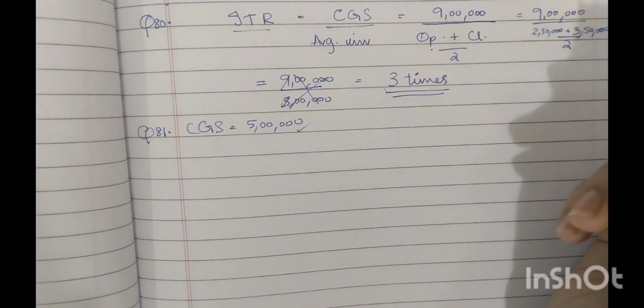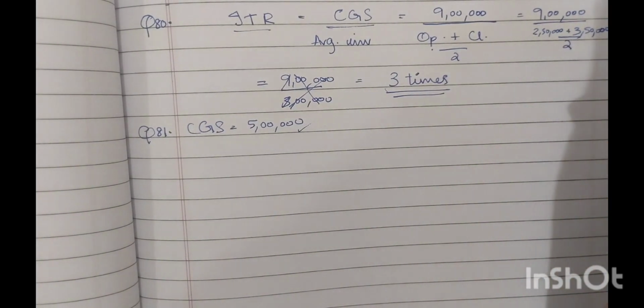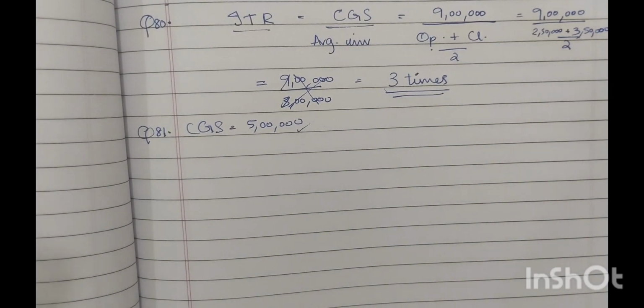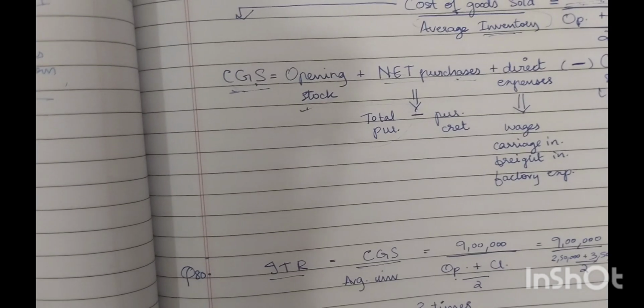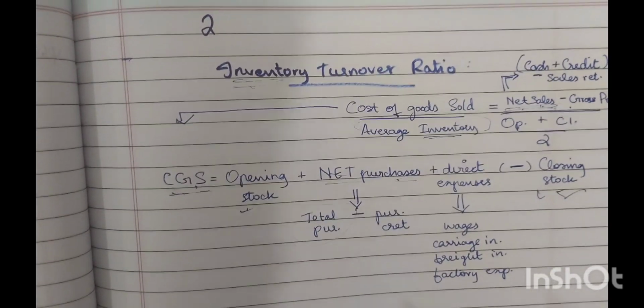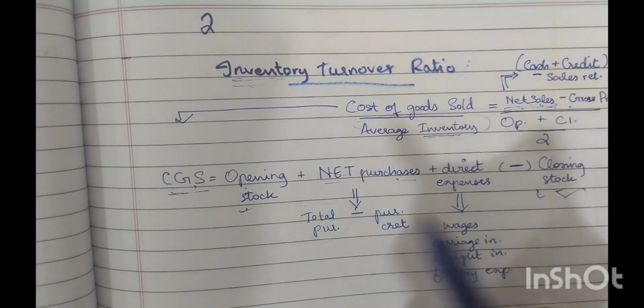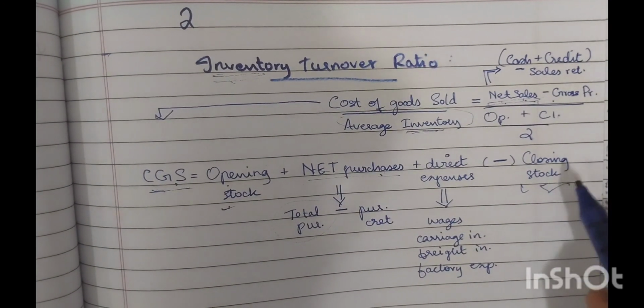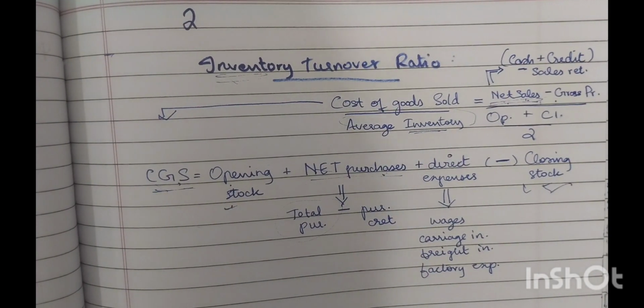We have opening inventory, but we don't have closing stock or closing inventory. But we know, remember the formula, CGS is equal to our opening stock plus net purchases plus direct expenses minus closing stock, right?